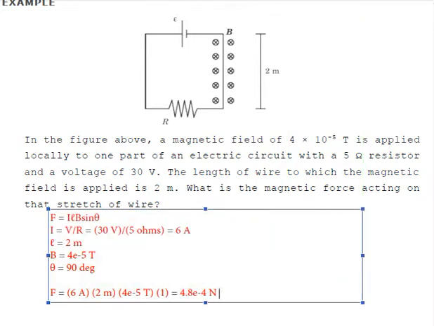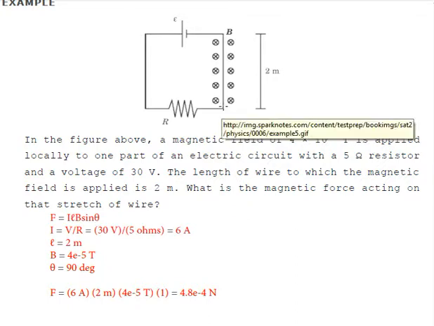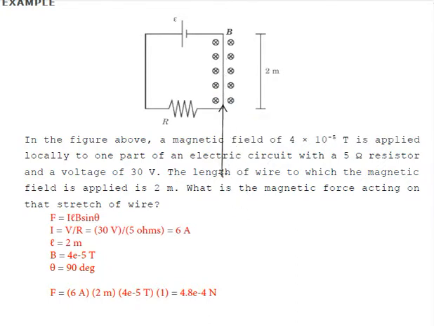So here we're going to apply our right-hand rule. So we have our current. Our current flows from the positive to the negative side. So our current is going up here.